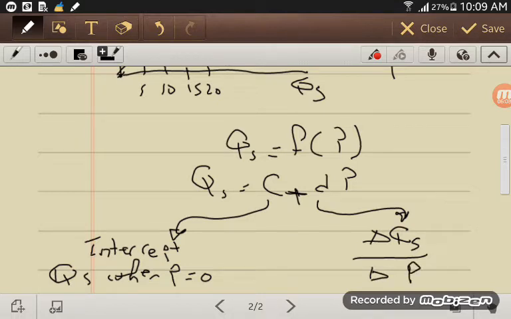The positive sign stands for the positive relationship between price and the quantity supplied.